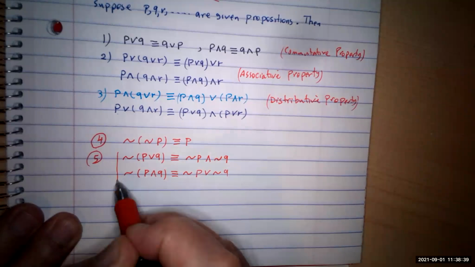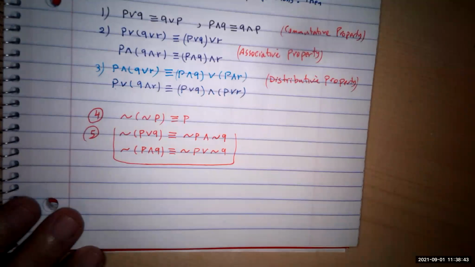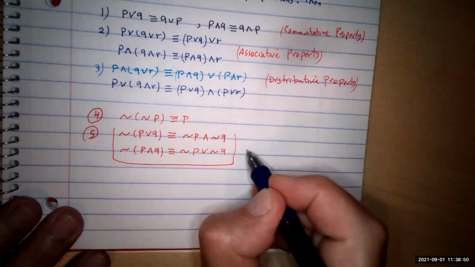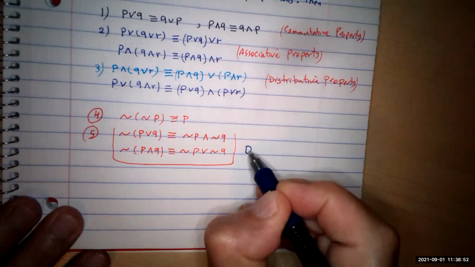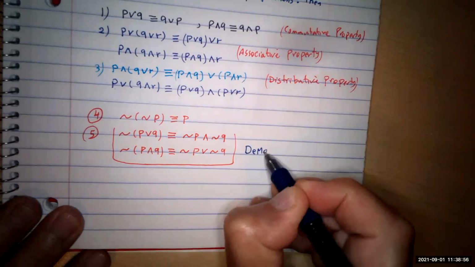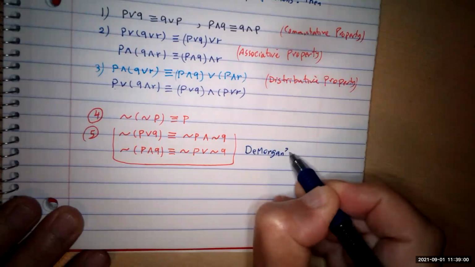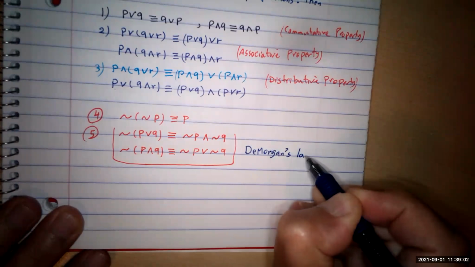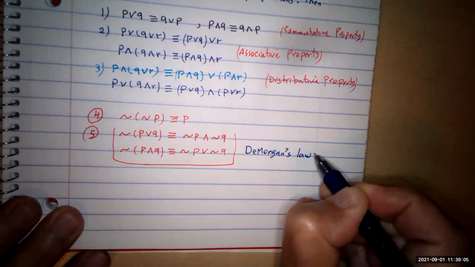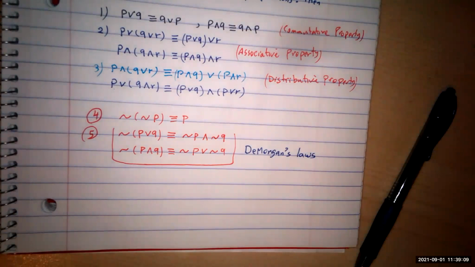Very useful. You get a couple of problems from this one. We give you at least one on the quiz, of course. This is called De Morgan's law. You must know them by name. De Morgan was a French mathematician.